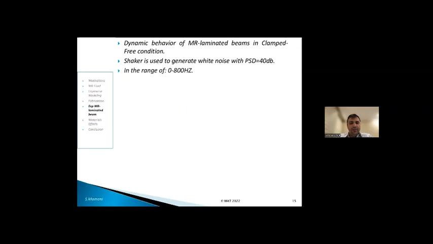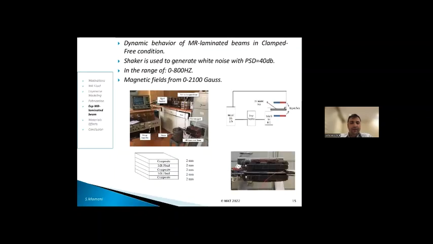In order to determine the experimental natural frequencies and dynamic behavior of MR laminated beams in a clamp-free boundary condition, a tiny accelerometer is attached at the free end of the beam, as you can see in this figure.